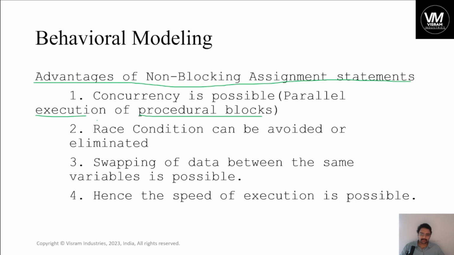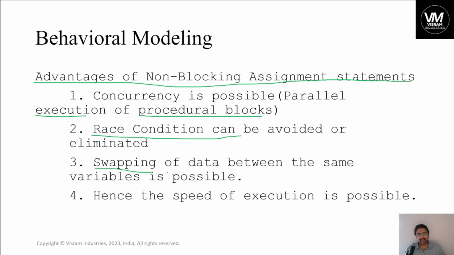So concurrency is possible and race conditions can be avoided. Race condition is like sometimes there will be internal blockage, like the loop will be executed these many times, and those kinds of data issues can be avoided and eliminated.